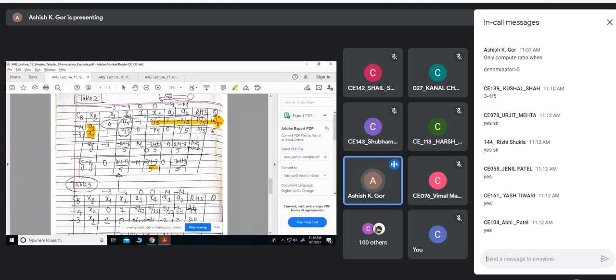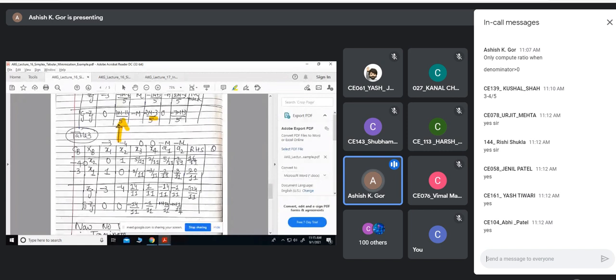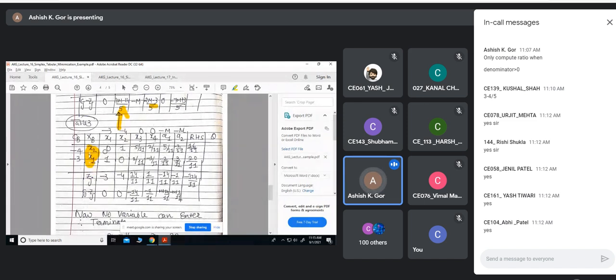Now if you enter X2 and leave A1, I'll get X2, X1. And if you do this process, finally I'm getting X1 and X2 as basic. Now you see, I get 16 by 11, 20 by 11.